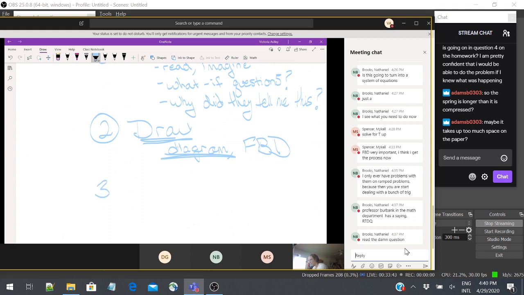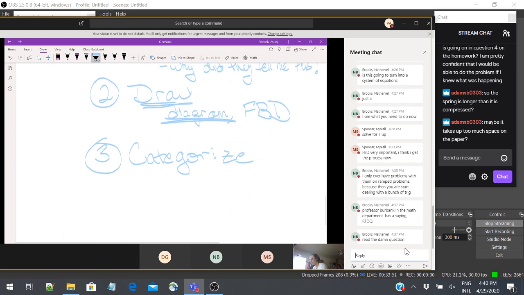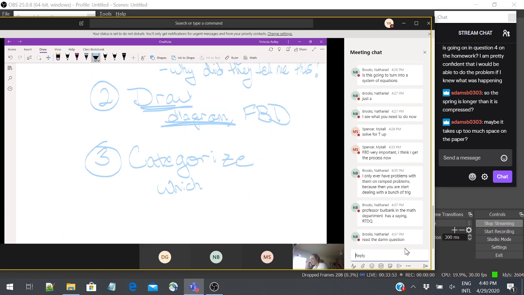And then 3, I tend to think about categorize. You think about, which topic is this? Are there hidden rules? Are there hidden knowns? Like, oh, hey, this is a free fall problem.